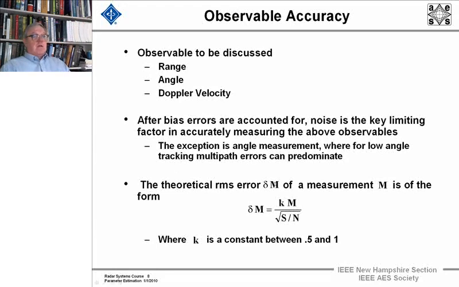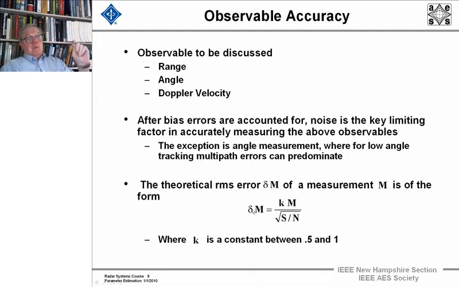And the theoretical RMS error in the measurement of, say, a range interval M, or an angle alpha of the beam, in its theoretical form, where this is the accuracy, the error on M, the observable, is a constant that varies between 1/2 and 1 times the interval that you're trying to define, like the beam width.